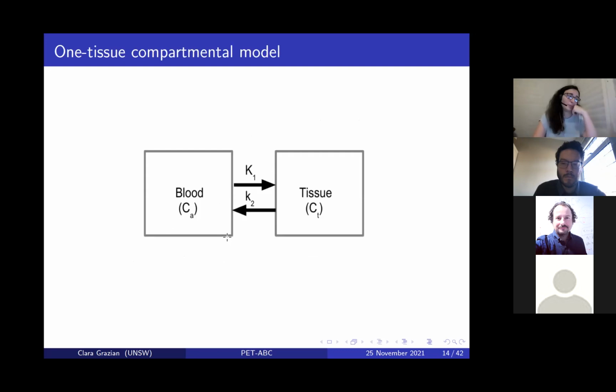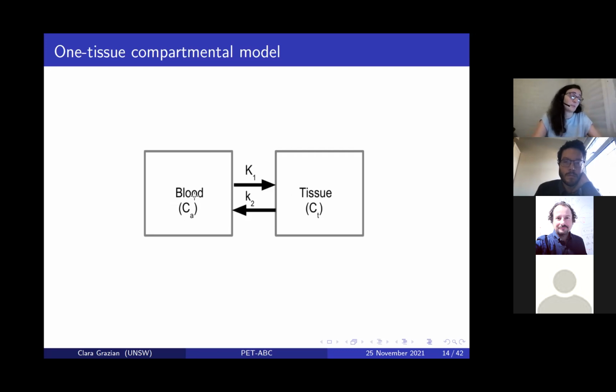So the 1 tissue compartment model is the simplest model that frequently is used in PET applications and describes the bidirectional flux of tracer between blood and tissue. So we have the concentration. The target concentration is the concentration in the tissue of interest. And then there is the concentration seen in blood or blood plasma.